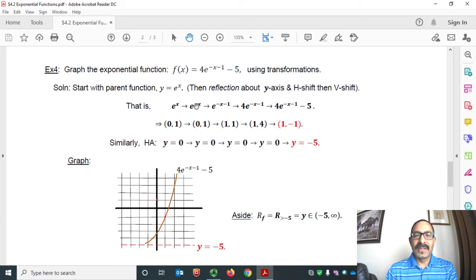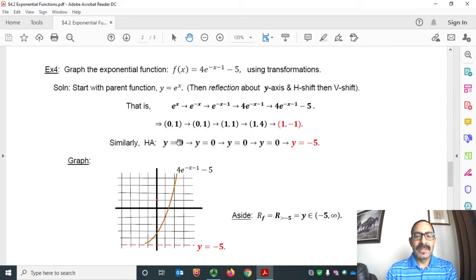That means we are reflecting about the y-axis. Then subtract 1. That means we are shifting the graph 1 unit to the right. And then multiply the y value by 4. That means we are stretching along the y-axis. And then next we are subtracting 5 from the y value. That means we are shifting the graph 5 units down.